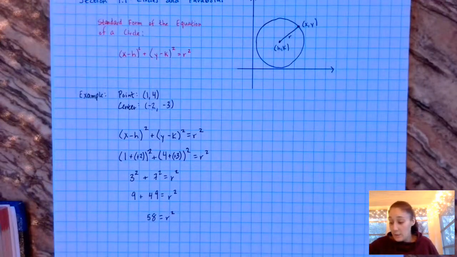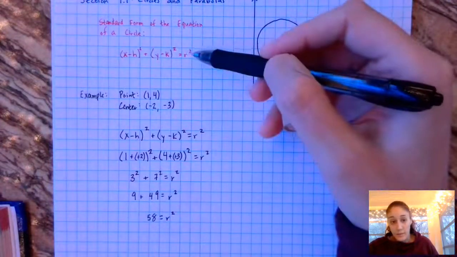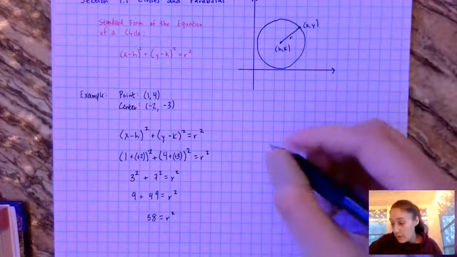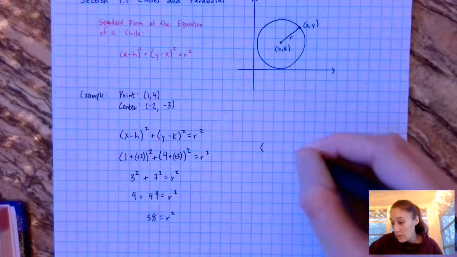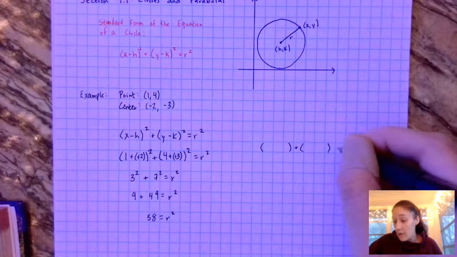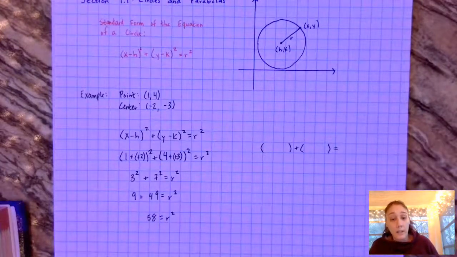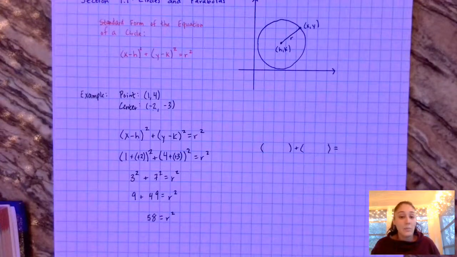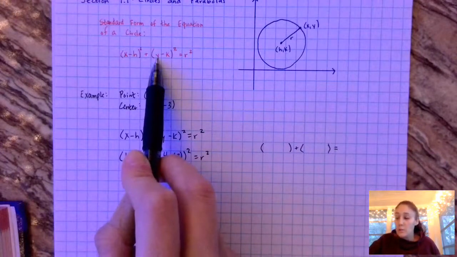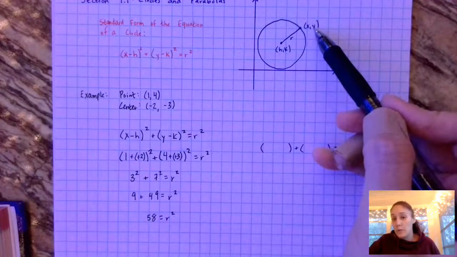What I need is my radius squared, and this is what the formula calls for. So when I write this formula, anytime we're writing the equation in standard form for any of our conics, we're going to leave x and y generic. Because if I plug in a value for x and y, then I'm being super specific about only one point on the circle.